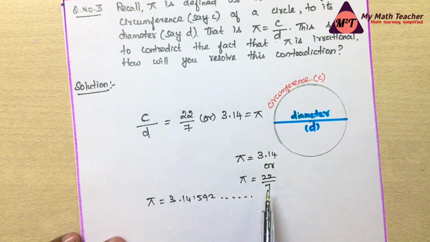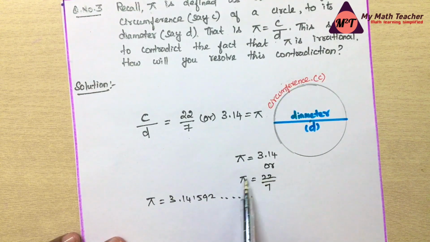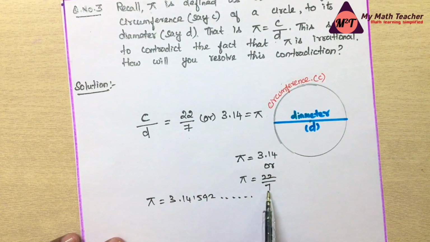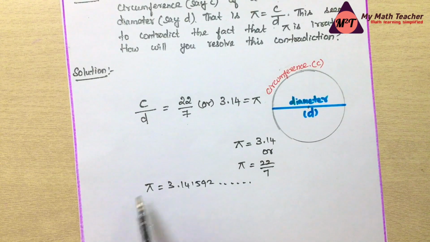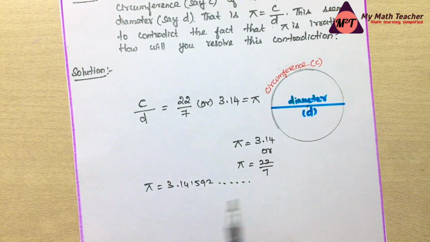So why is there this contradiction? Sometimes we take pi value as 22 by 7, which is rational, and the actual value of pi is 3.14..., which is irrational. Actually there is no contradiction in this. Why? Because we consider 3.14 an approximate value, not the actual value.